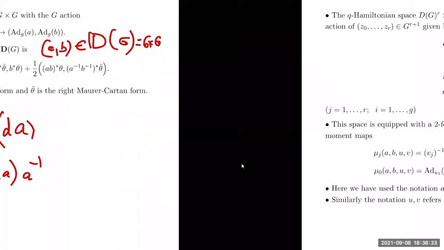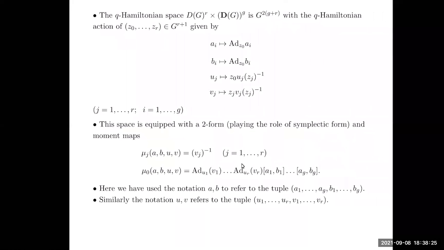Okay, so the quasi-Hamiltonian spaces are copies of the double and copies of the internal fusion of the double.